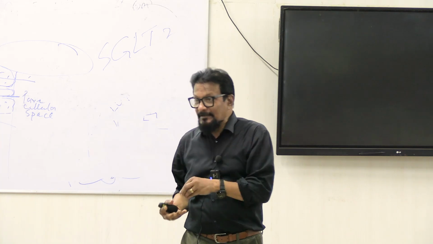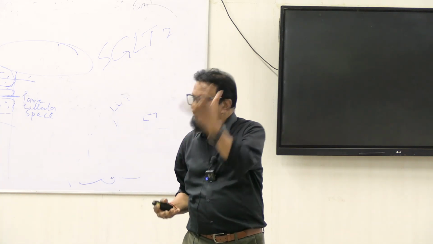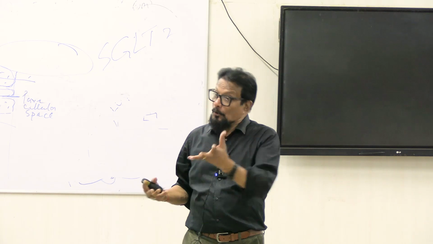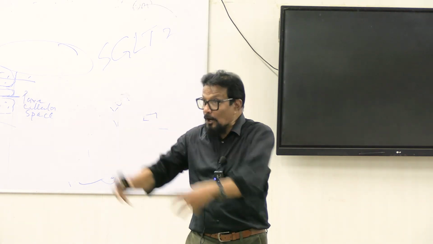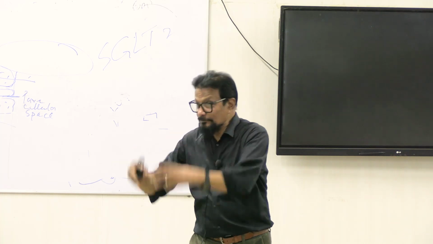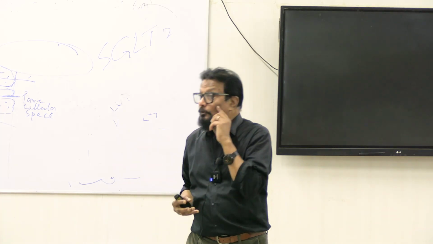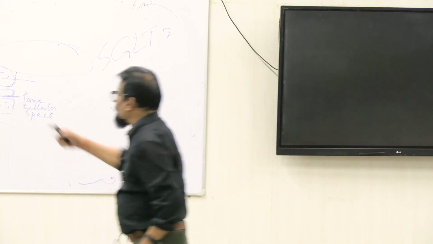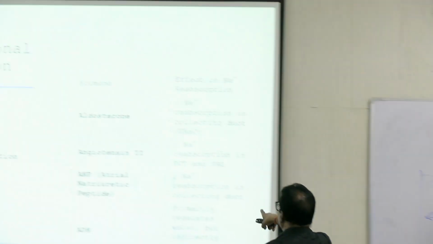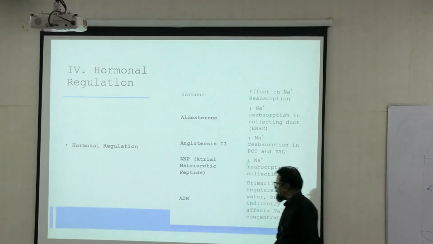So I have to reduce the venous return, and that's why it is secreted. Why has it increased? Blood volume is increased, because a lot of fluid is there and a lot of sodium has entered. Its purpose is to reduce this, so it reduces sodium reabsorption in the collecting tubule.